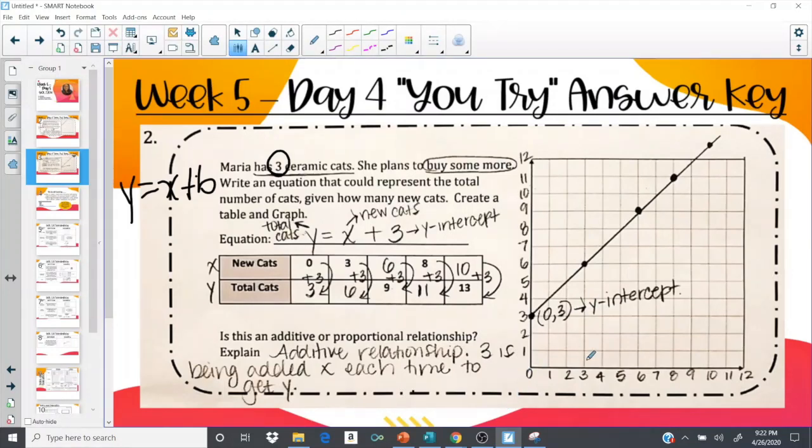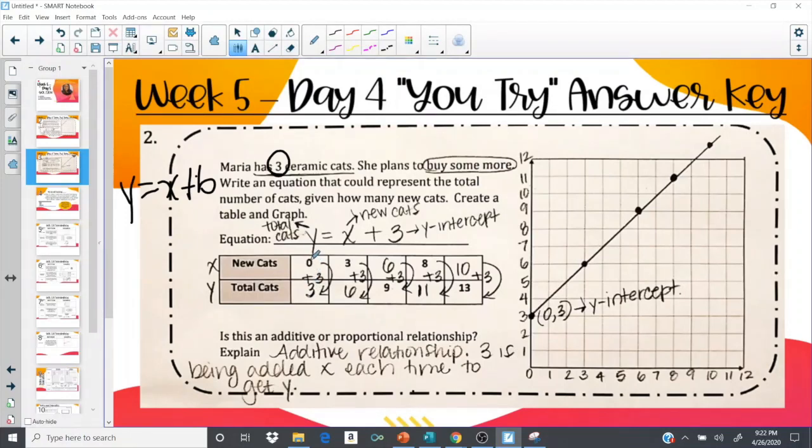Okay, so to graph the line for this relationship, you would start by graphing the y-intercept. The y-intercept is 3, so you will start at the origin and you will find 3 on the y-axis. So 1, 2, 3 up, plot your point. Then from there, you can graph the points from your table.